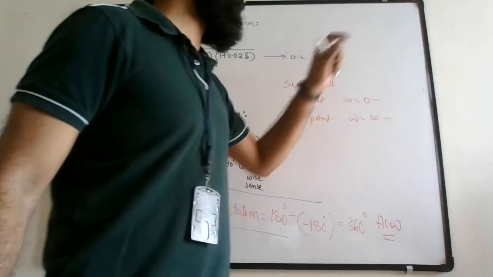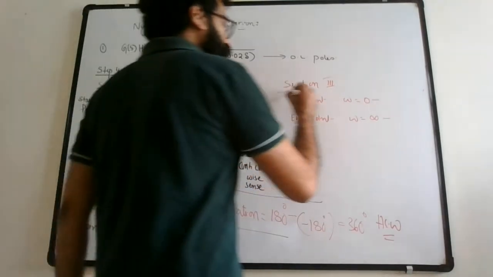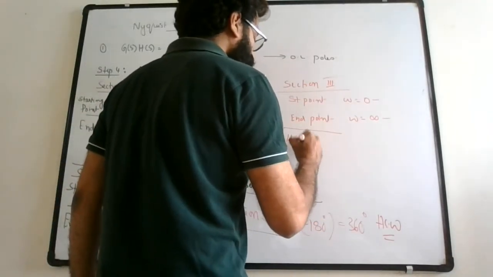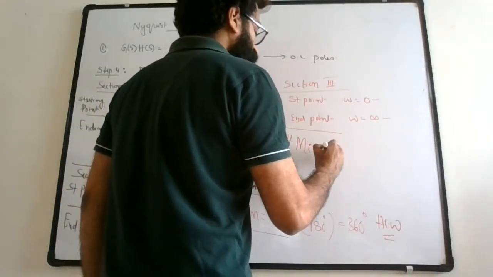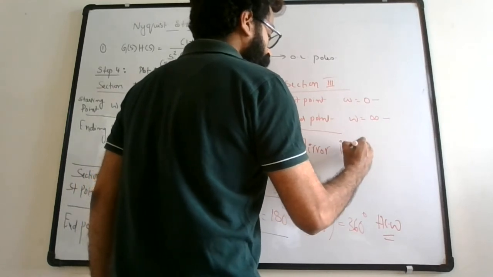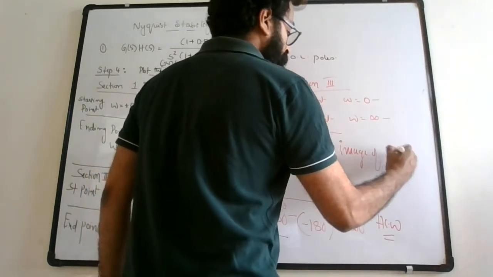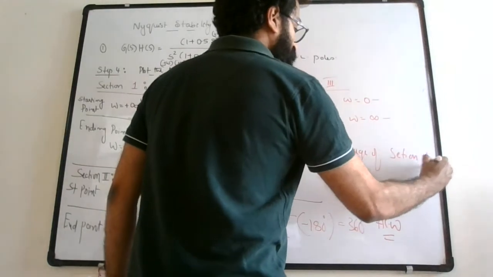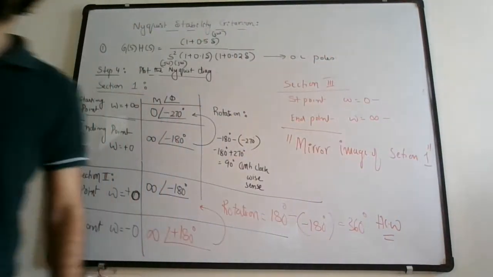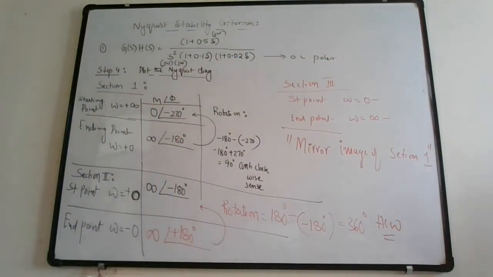Here you have omega equal to minus 0. So under section 3, you can simply write that it is the mirror image of section 1. Hence, you don't have to calculate separately. You can just flip the image. Okay, what image you had got in section 1, that needs to be inverted while drawing section 3. All right.